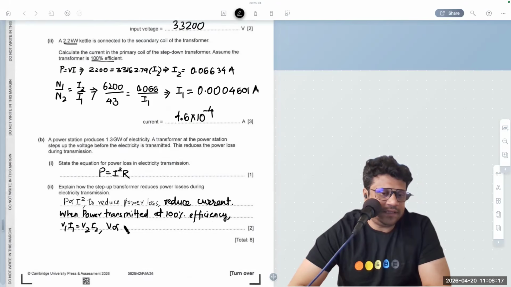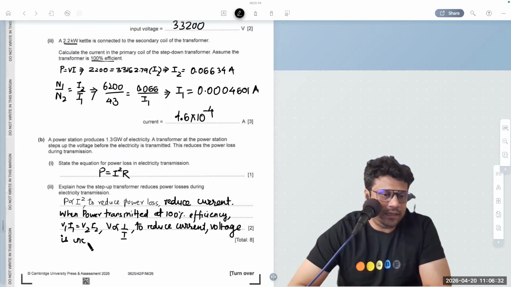So voltage is inversely proportional to current. To reduce current, voltage is increased.